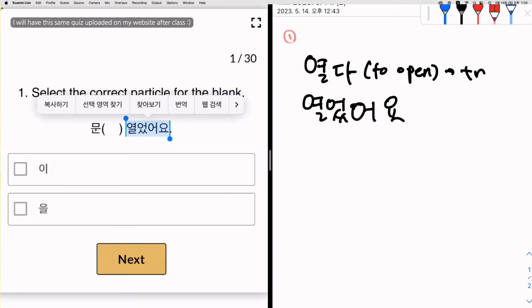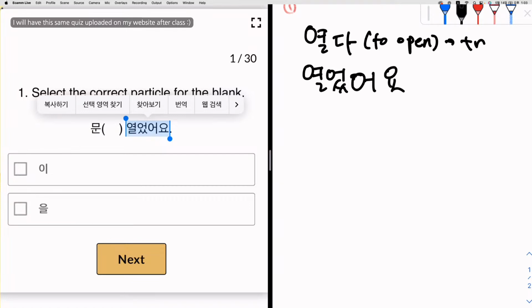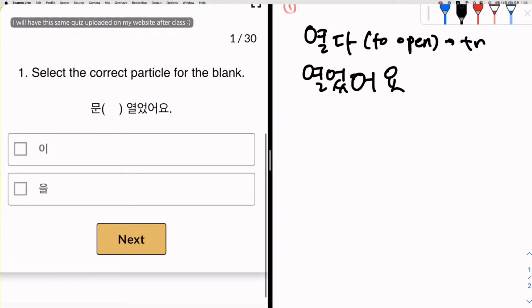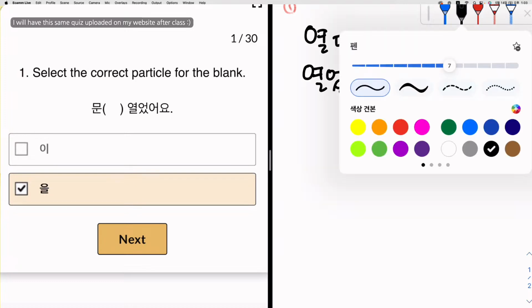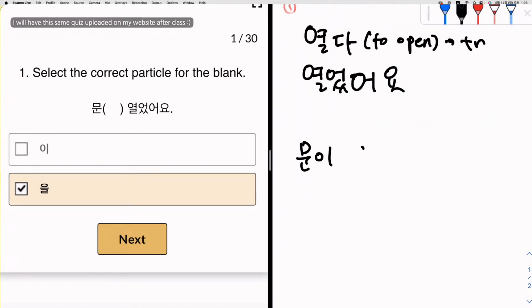So let me put number 1. So this is a transitive verb, 열다. And transitive verb means it can have an object, right? The receiving end of the action. So 문 열었어요 would most likely mean the subject which is removed in the sentence opened the door. Open the door. So 문 has to be an object of 열다. So you can say 문을 열었어요. If you say 문이 열었어요, this would be a really awkward sentence because 문, door, is an inanimate object.